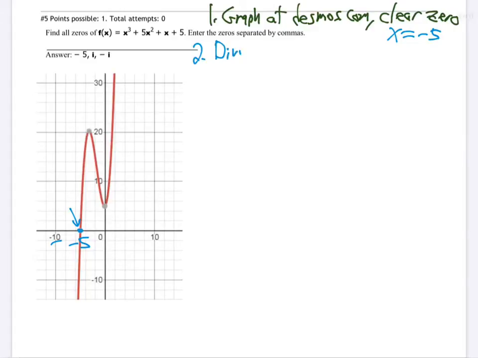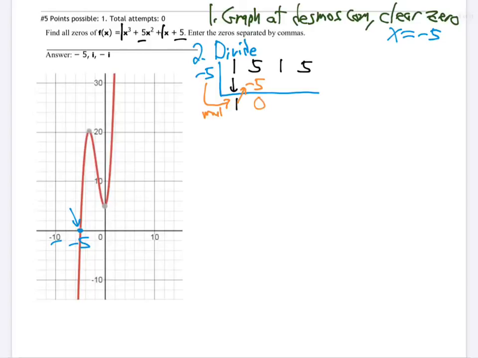Step 2, we divide now using synthetic division. So we'll put the -5 out there, and we take the coefficients as 1, 5, 1, 5. All right, and then we bring down the 1 and let the synthetic division begin. Multiply -5 times 1, -5, add them up, 0.